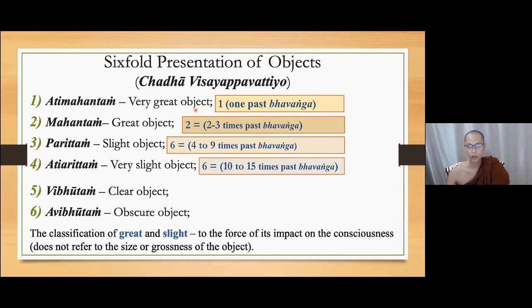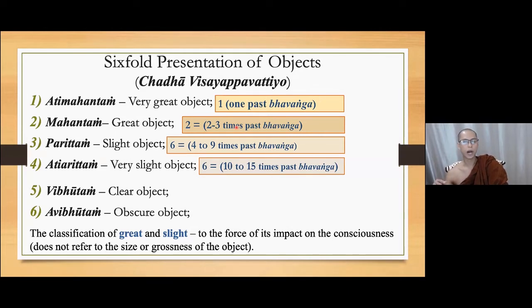That is the very great object. And if 2 become the past Bhavanga, 15 cognition mind movements, so still great. And if the past Bhavanga occurs 3 times, the cognition process is only 14, still we can regard it as the great. And you may see the difference between the specific process in the next lesson.